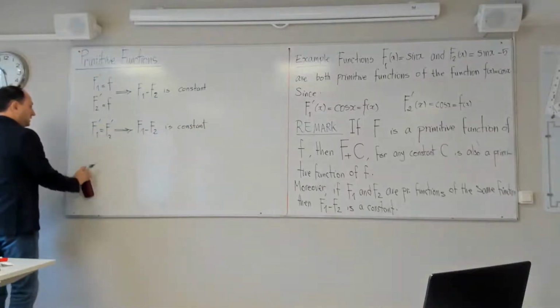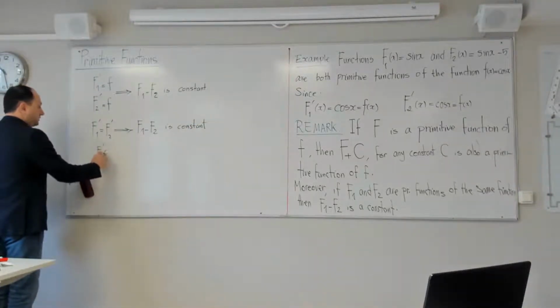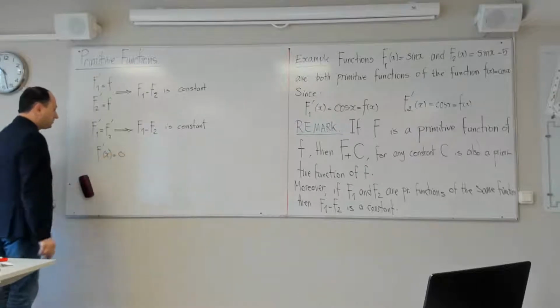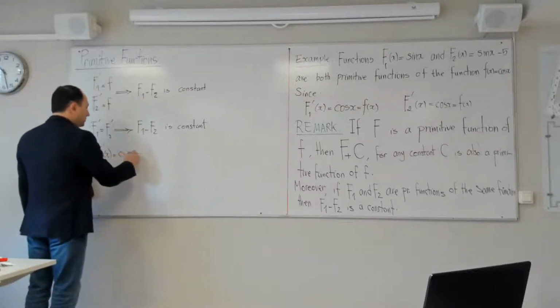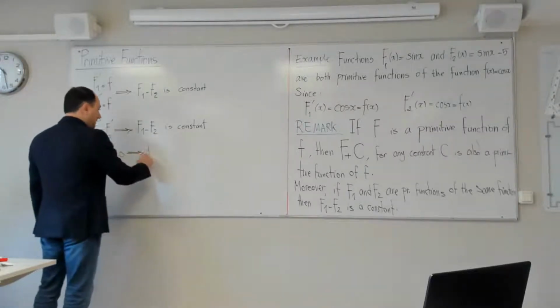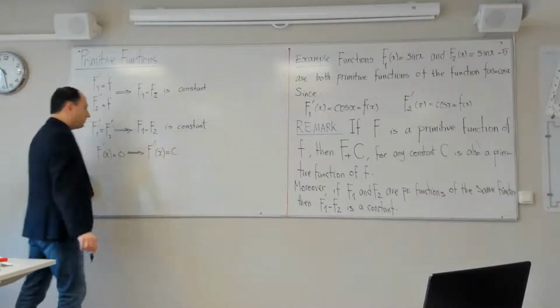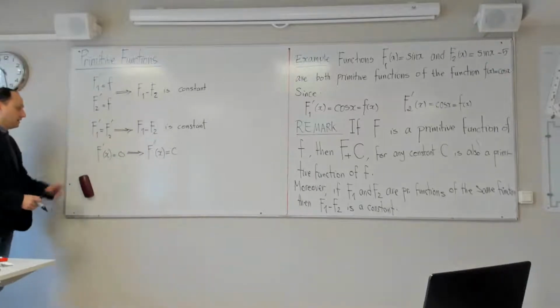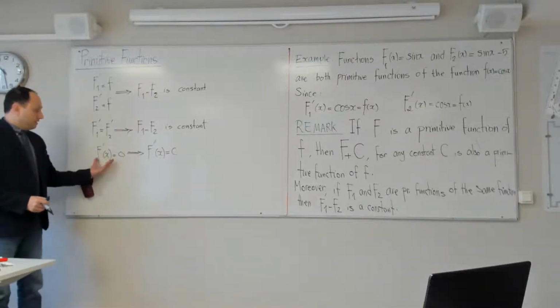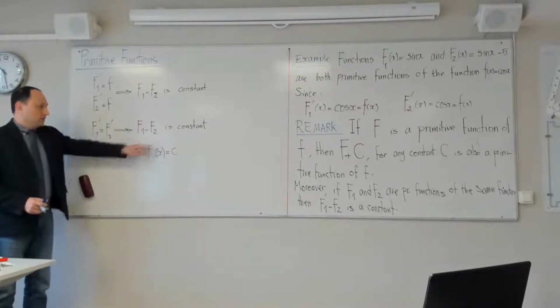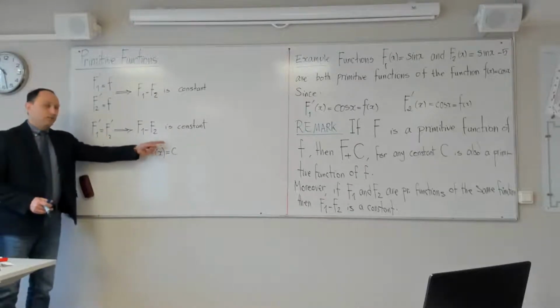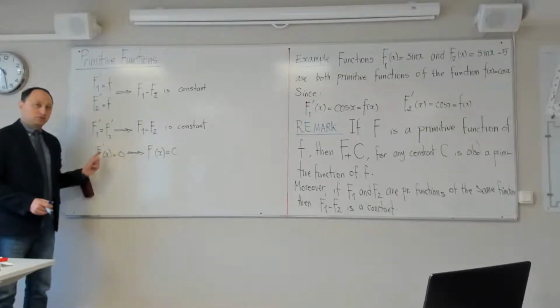Or in other words, if someone tells me that the derivative of a function is equal to 0, there is no other choice. Be careful, this means that the function f of x is a constant. You might think this is trivial. It is not. What you know is that if a function is constant, its derivative is 0.